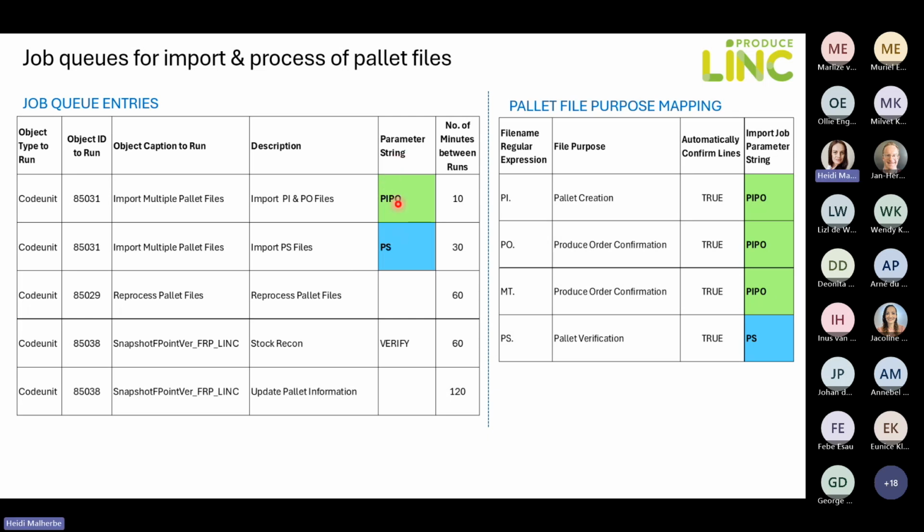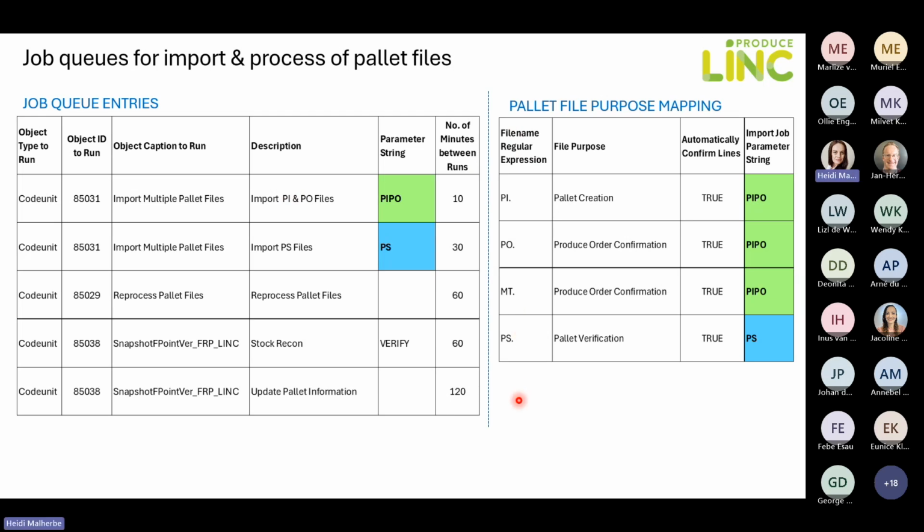The one's got a parameter string that says PIPO, in short, the PIPO files, and the other one for PS. Now, this is what we talked about in the previous slide, where when one of these runs, it will only import certain files. And what those files are is going to be determined by the pallet file purpose mapping. So we've got to get back to the job queue entries in a while. I want to hop over to the pallet file purpose mapping.